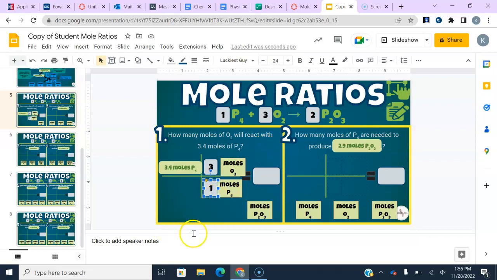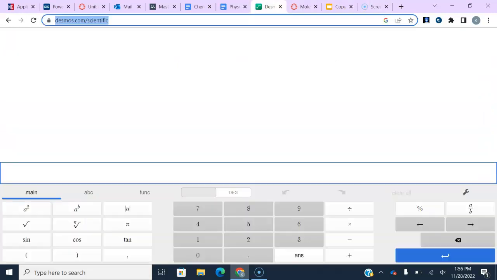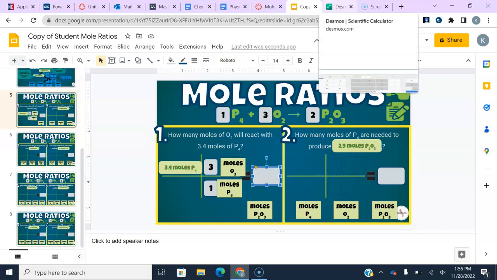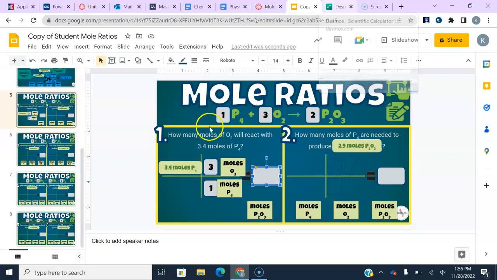So now we just have to solve, and we're going to type our answer into this box. Let me pull up my Desmos calculator, which I have linked for you guys today. I'm going to do 3.4 times 3, because remember these are fractions, so I multiply across the top, multiply across the bottom, and then divide if necessary.